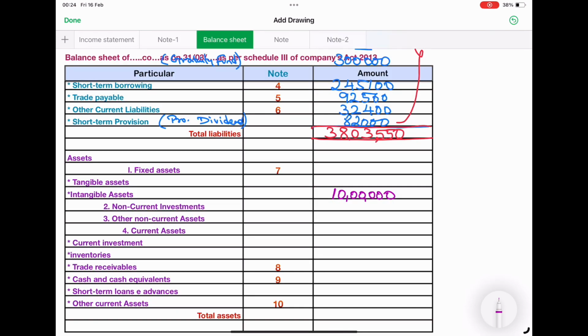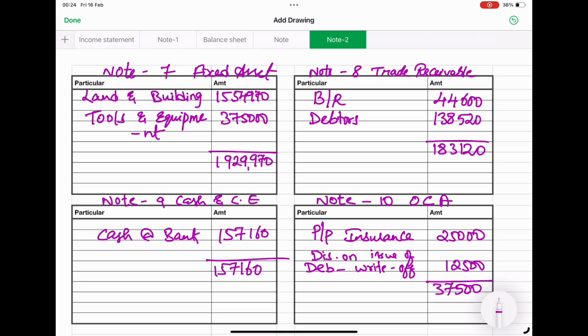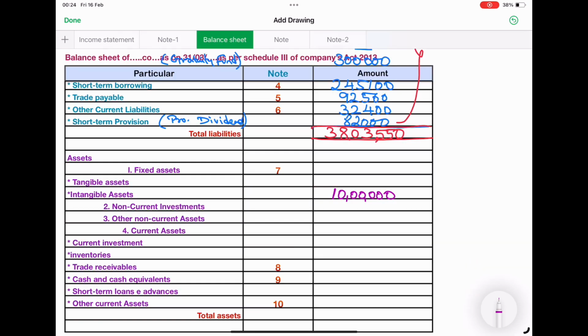Okay, note 7, for tangible assets, how much we have calculated? 19,29,970. Next, I have written non-current investment. Like this we have to cross verify, I told you, right?